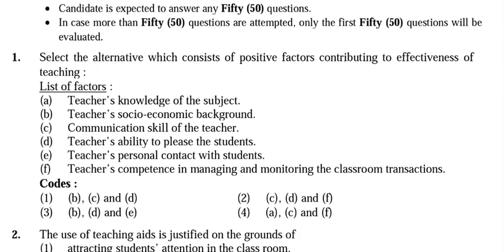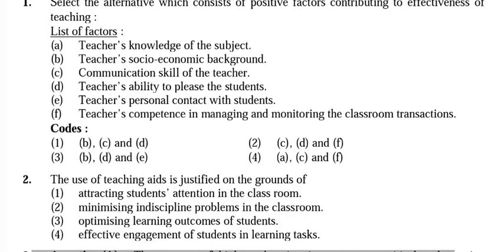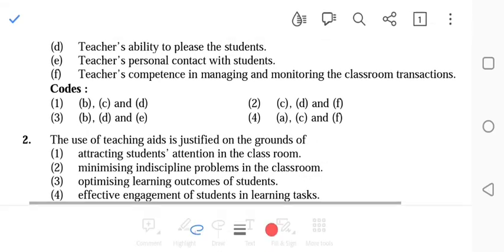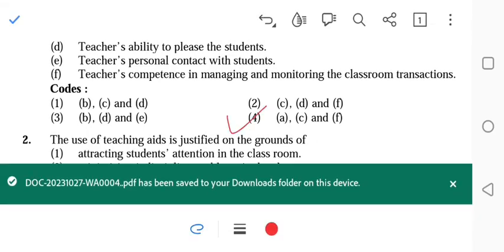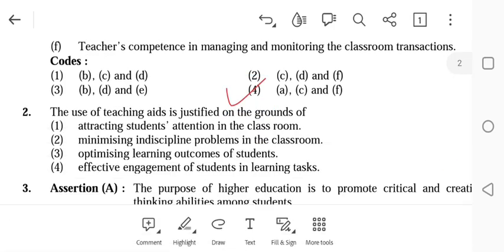Which one will be correct? In 1 it says B, C and D. In 2 it says C, D and F. 3 B, D and E. 4 A, C and F. So what will be correct? So the correct answer will be A, C and F. That means 4 will be correct. A, C and F. Okay, what was A?